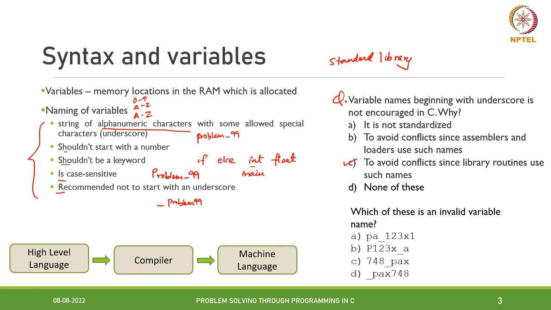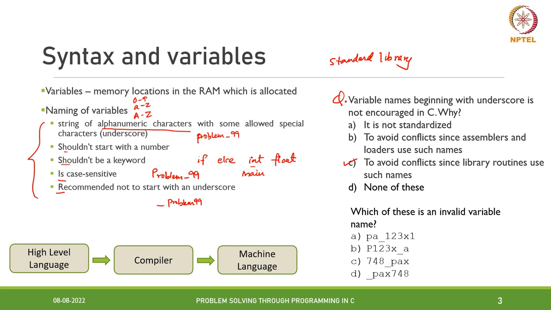A lot of these library routines actually start with an underscore. If a name starts with an underscore, it's probably a library routine we are talking about. That is the norm in the computing world. The developers have written the libraries with names mostly starting with an underscore. You could still start an identifier with an underscore, unless it matches any of the library routines in the standard library.